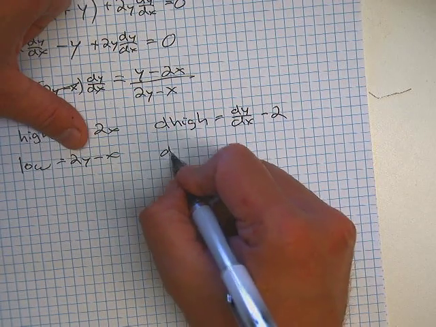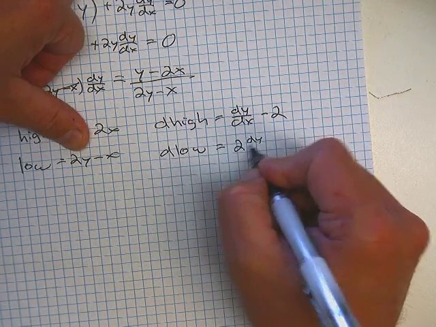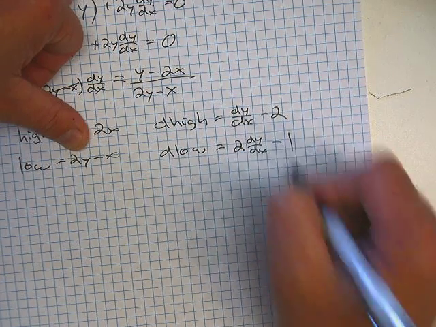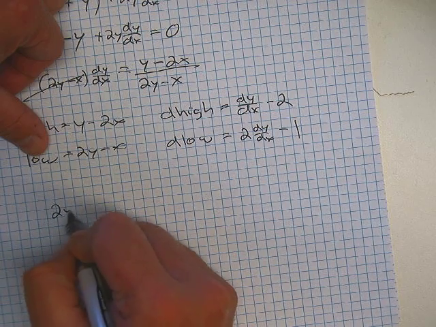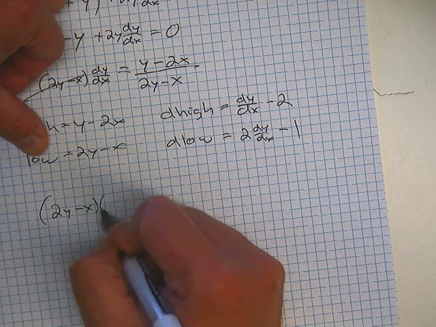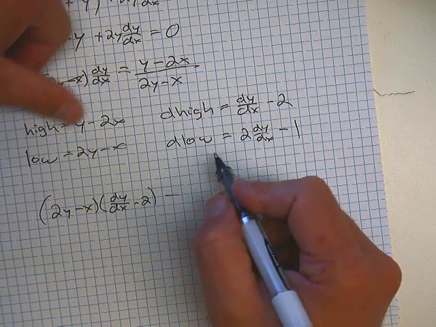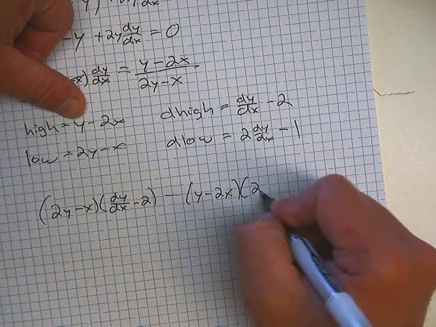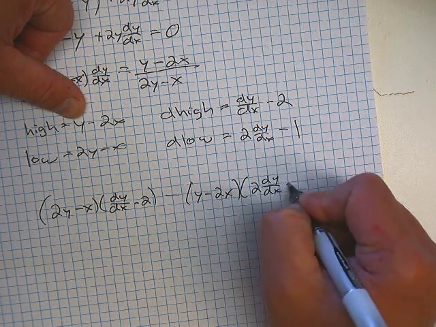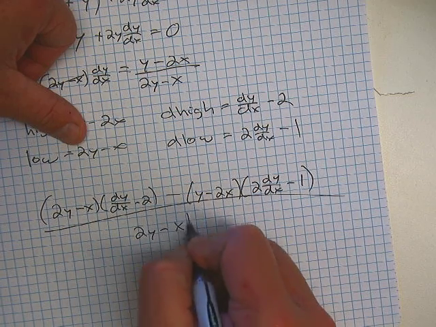The derivative of the low is 2 dy/dx minus 1. Alright, so now we go low, 2y minus x, d high, dy/dx minus 2, minus high, y minus 2x, d low, 2 dy/dx minus 1, all divided by low squared, 2y minus x squared.